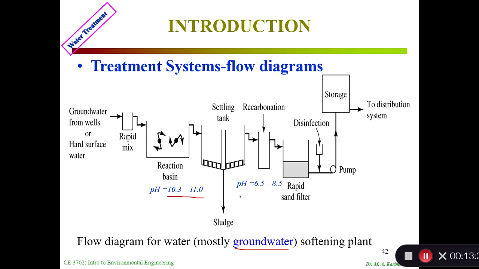Since the pH was higher here, it has to come down because this is the pH range for drinking water, right? Here the pH was almost 11, so we don't want to accept that. Then we go to the filtration unit, then disinfection, and it goes to storage and to the distribution system. So these are simple flow charts of the treatment process for surface water and groundwater. This is for groundwater. The one before was surface water.